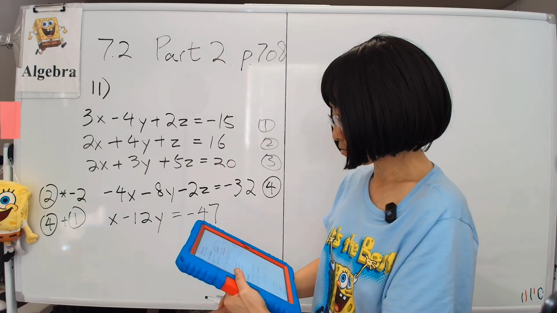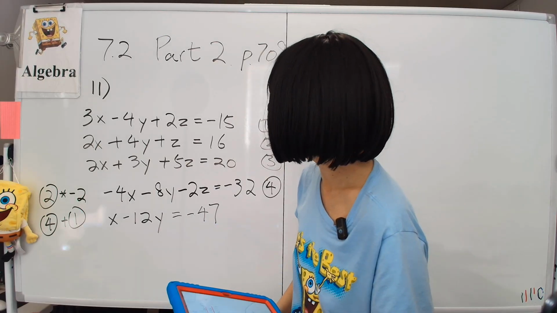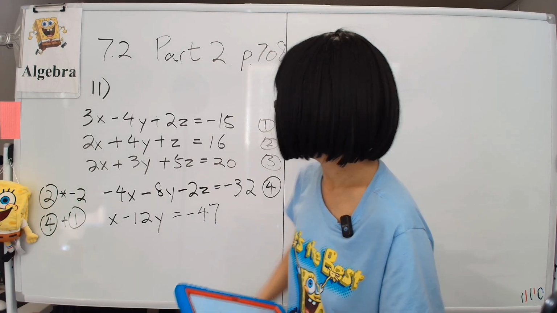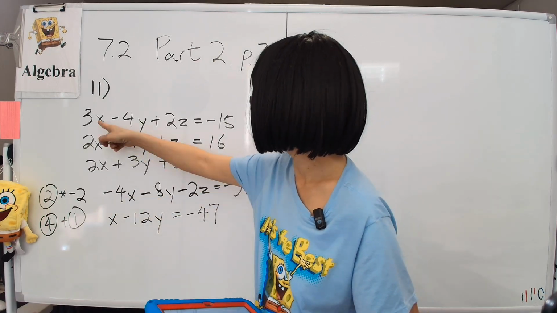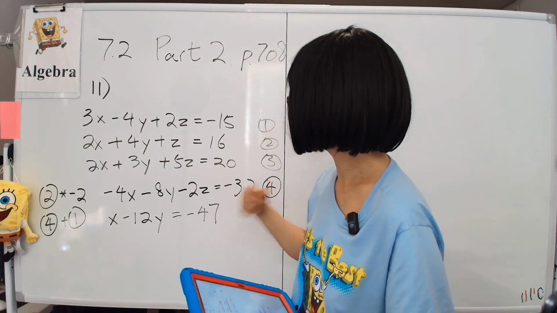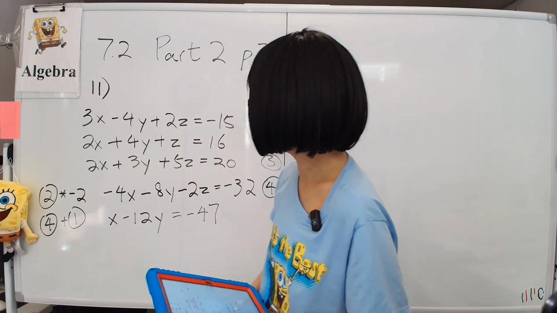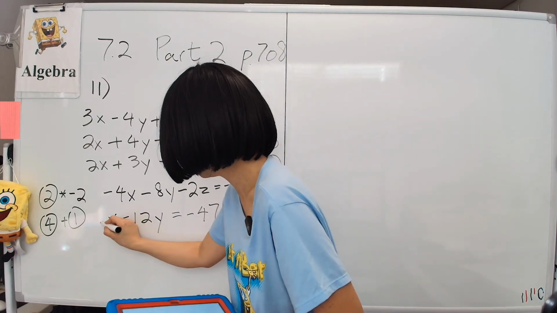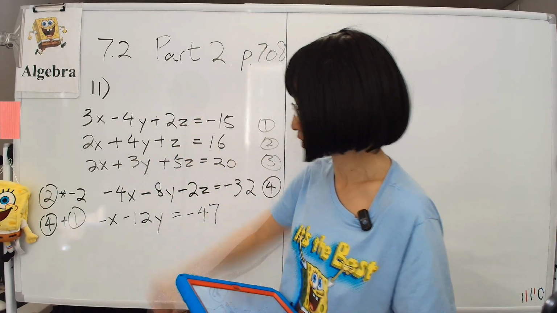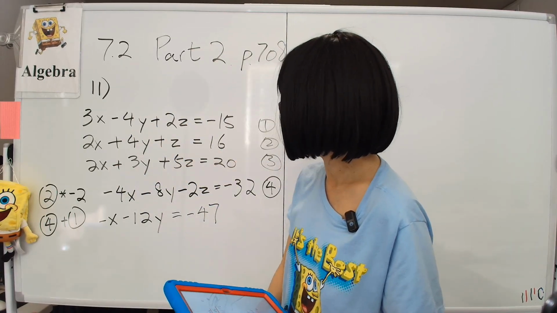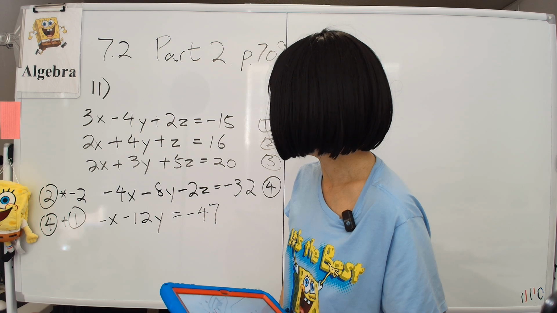I have a mistake in here. Oh yeah, the mistake is right here. Minus 4 plus 3 is minus 1. The reason I messed up is I was looking at this row for some reason. Whatever.